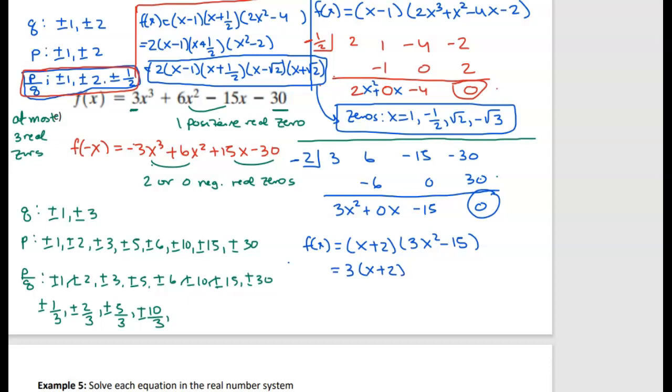So x plus 2, x squared minus 5. And let's factor this as the difference of squares using square root of 5. So 3, x plus 2, x minus square root of 5, x plus square root of 5. Right, so this is the factored form of my function.